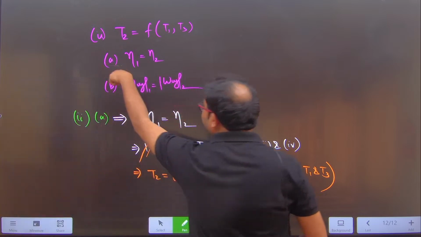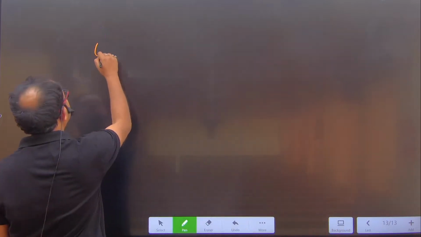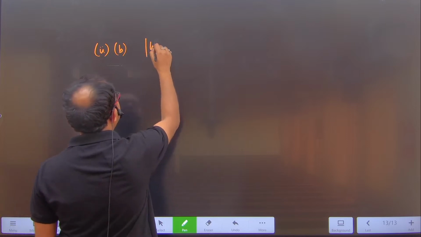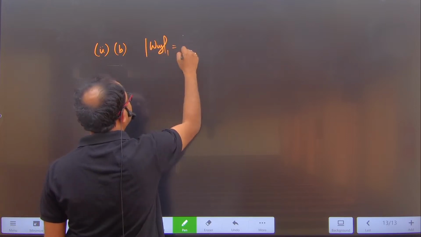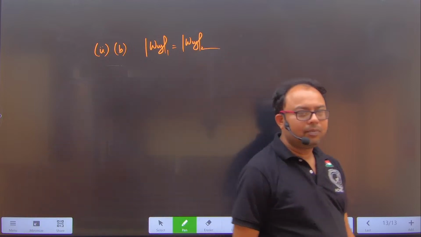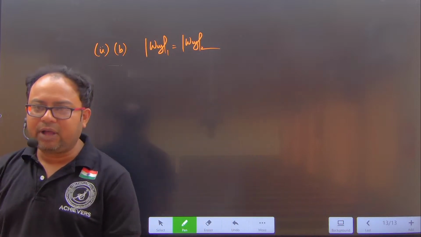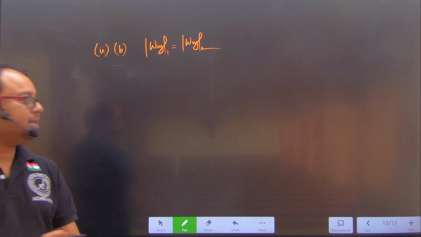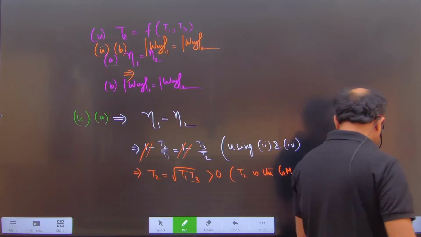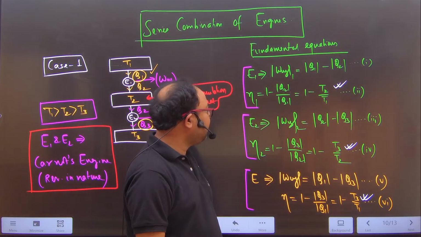Now we'll move on to problem 2b. Here you have got the constraint mod W cyclic 1 equal to mod W cyclic 2. What is going to happen in this case? Let's check. We are already acquainted with the expression of mod W cyclic 1 and mod W cyclic 2.